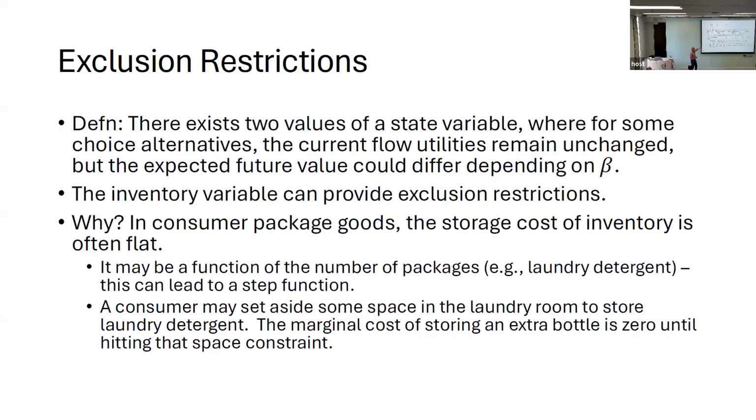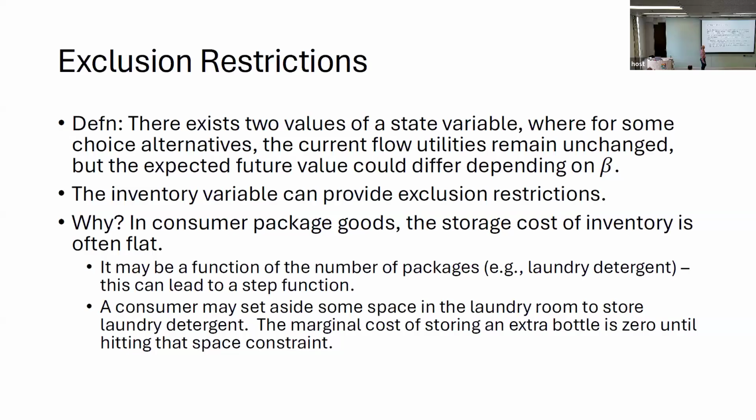Essentially, the insight is that for a large region of these state variables, the storage cost is flat. That gave us these chances to take advantage of exclusion restrictions. More precisely, in the context of, let's say, laundry detergents and breakfast cereals, things like that, it may be better to think of the storage cost as a function of the number of packages.